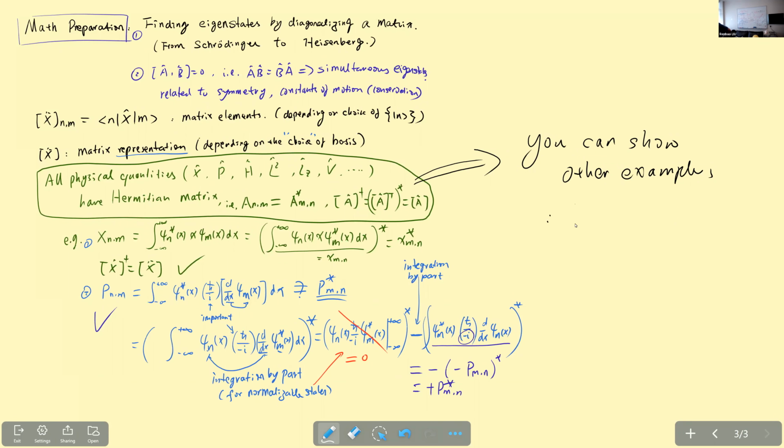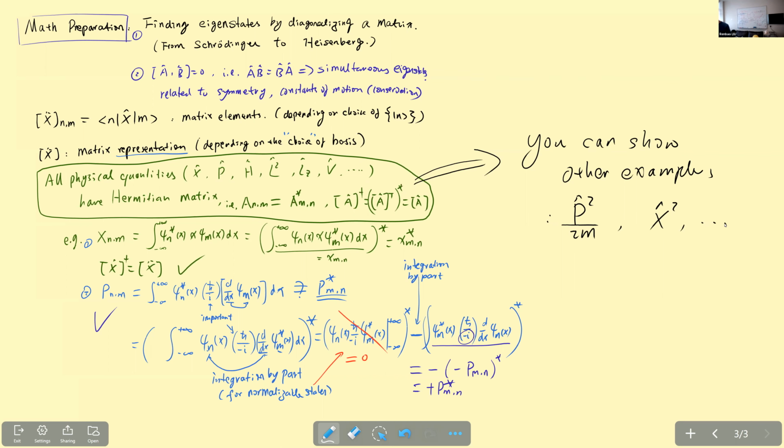For example, you can try p squared over 2m. Okay, you can try x squared, okay? You can try something else, but anyway, using similar methods, you can show all the physical quantities are actually Hermitian matrices if you have a basis, okay?